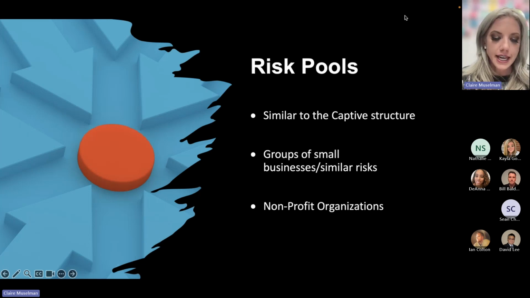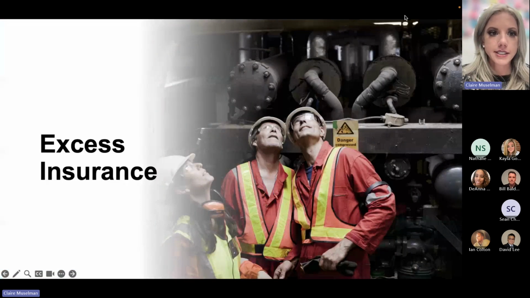They are technically a group or association captives. They're just more pooled together. Again, think smaller scale. So you're not going into a risk pool to make money off of your insurance. You're going into a risk pool to be able to have coverage. So little difference in why.